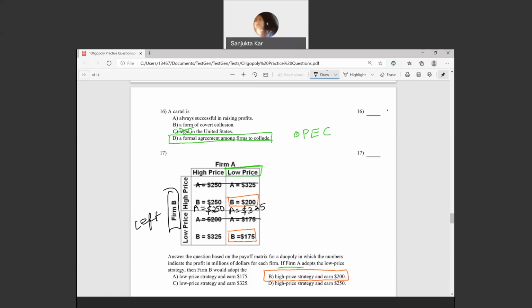Looking at this question, visualizing it makes it difficult. Okay. So basically, firm B is going to be choosing a high price strategy here. High price, and that is 200. So this is the answer to this question.